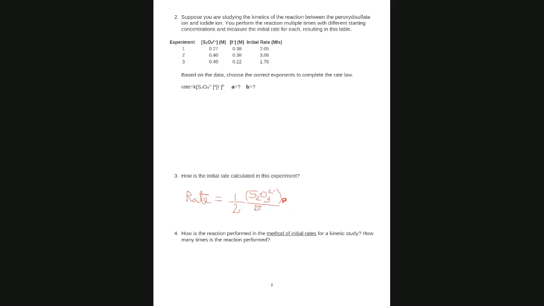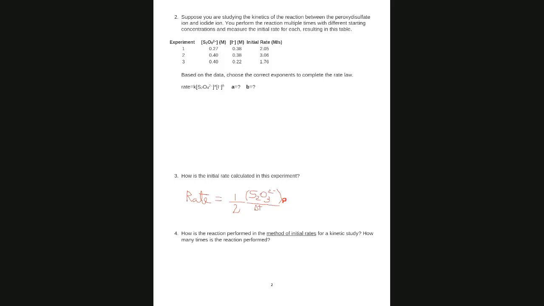And then the last one: how is the reaction performed in the method of initial rates for a kinetic study? We saw that, right? We just did it, actually.